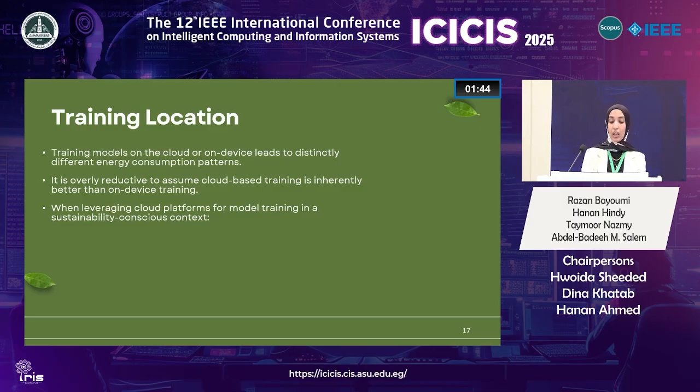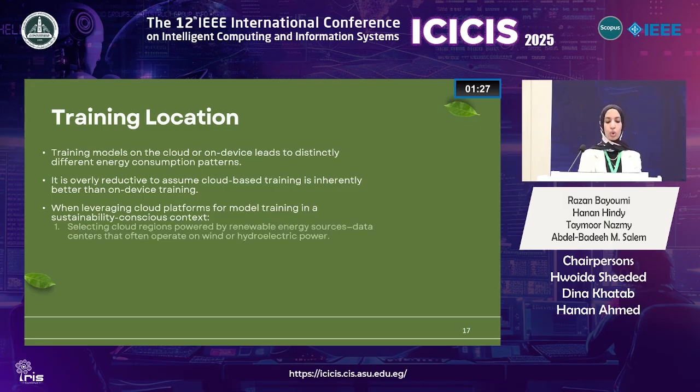Because the source of electricity differs from one country to another. Some countries have renewable resources and others don't. So when we choose to train on a cloud, it's important to choose the location of a country that uses renewable energy resources.